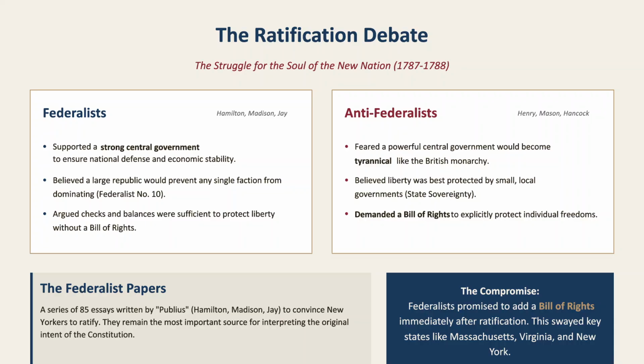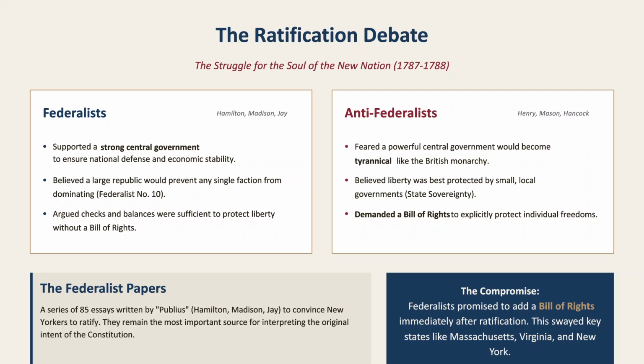And so the anti-federalists, who wanted to weaken the power of the central government for fear of it becoming too powerful, they demanded a Bill of Rights to protect the citizens from a potentially overpowering central government.